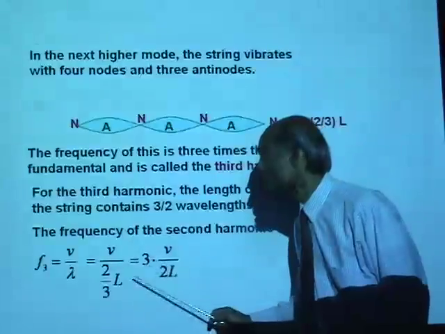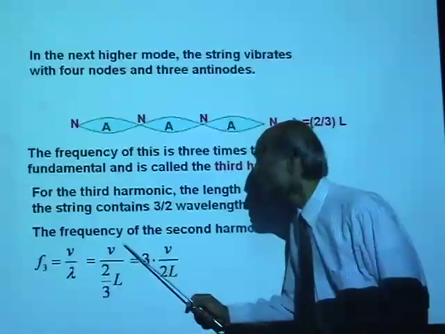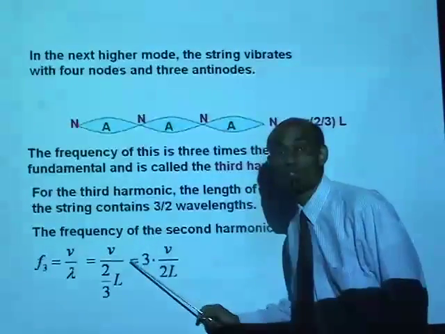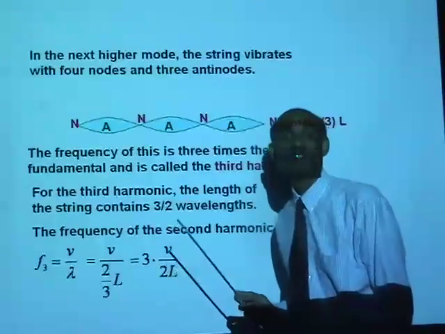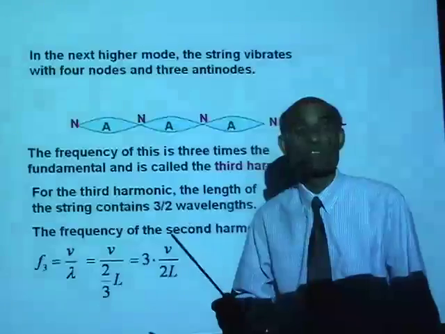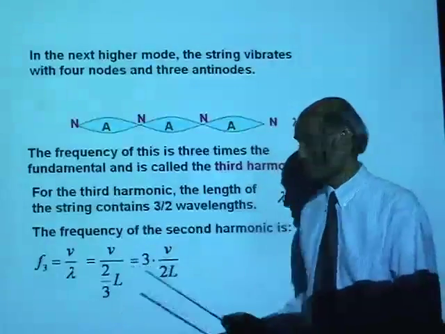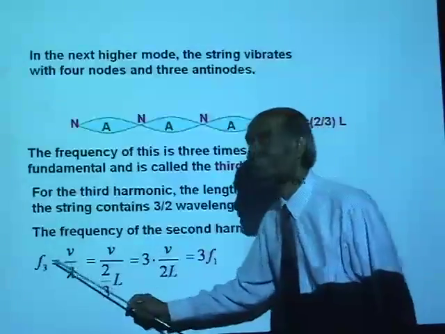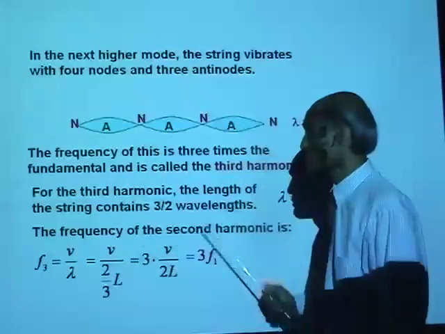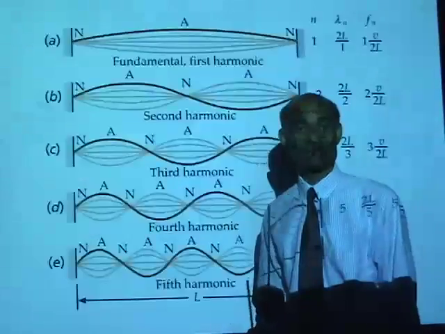That will be 3 times V over 2L. I hope you understand that. And what is V over 2L? V over 2L is the frequency of the fundamental. So that will be 3 times F1. The frequency of the third harmonic is 3 times the fundamental.